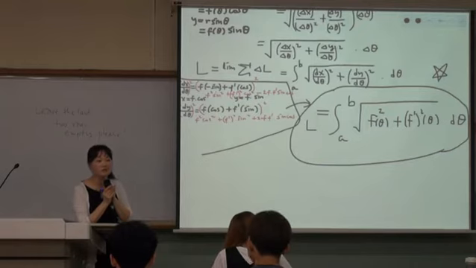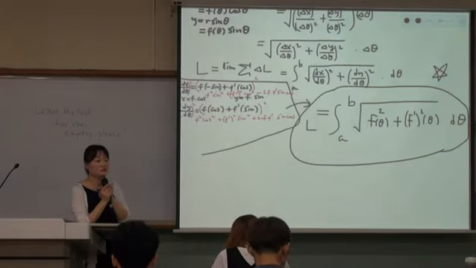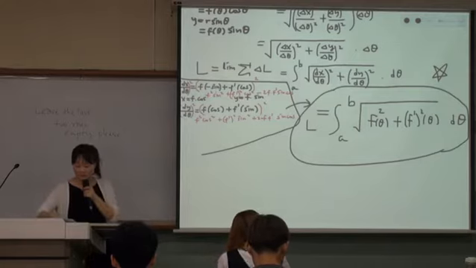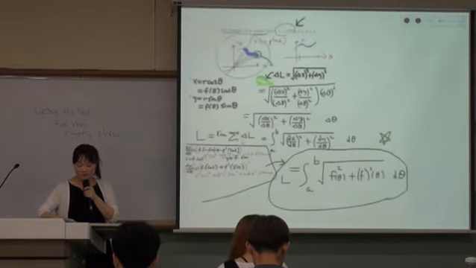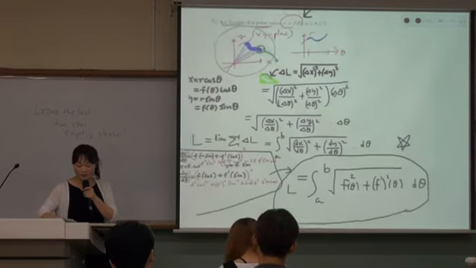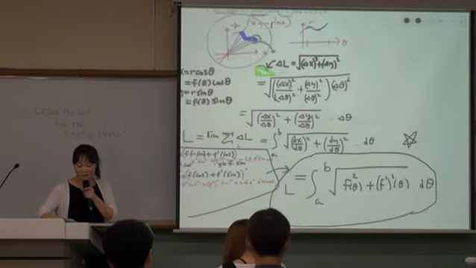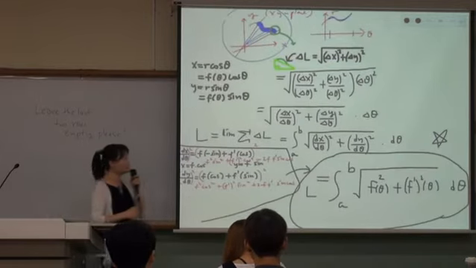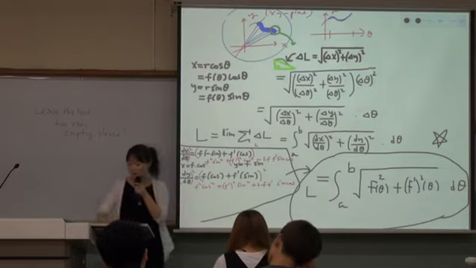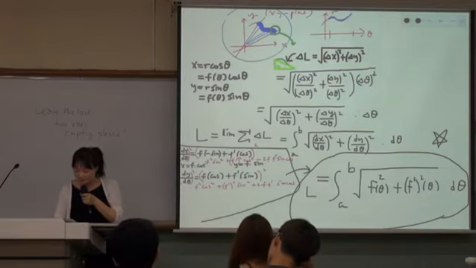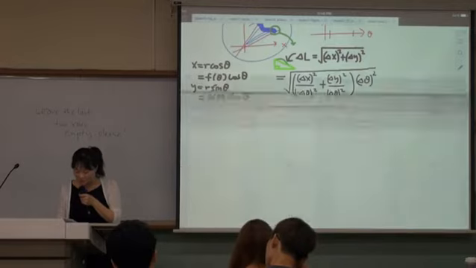On the derivation, basically we cut the angles into equal subsections and we change it to delta x, delta y in terms of theta. Okay, so let's do an example.